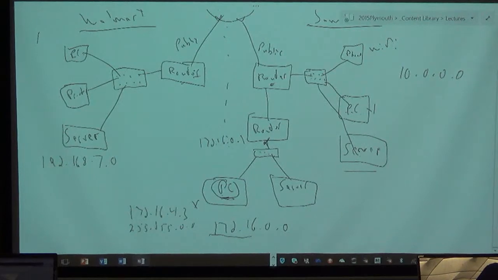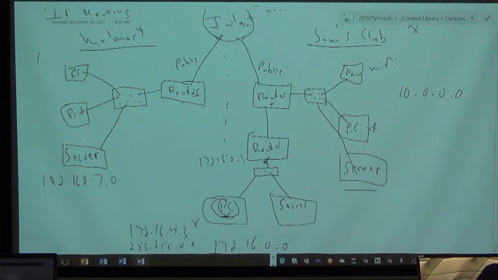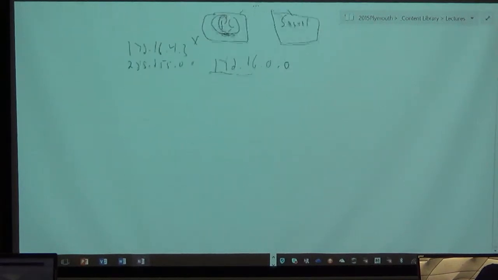All right. Now, what I want you to think about is, if this PC wants to send a packet to this PC with a 172.16 address, there's a couple things that it can do. Let's make this a little bit easier.